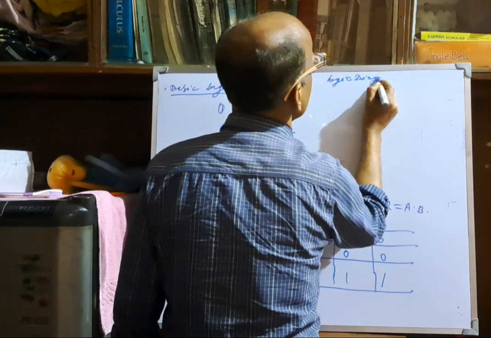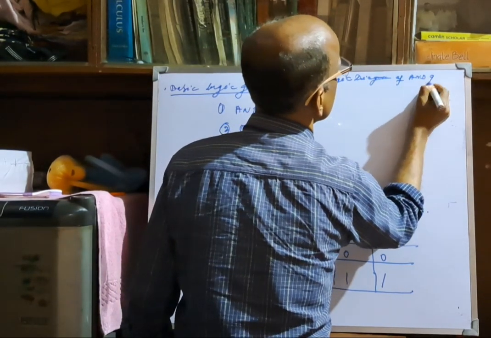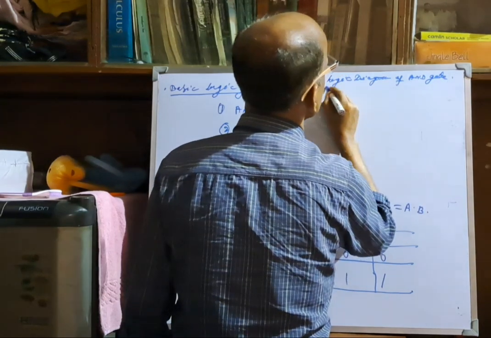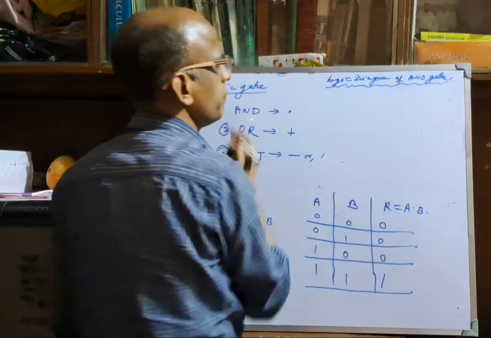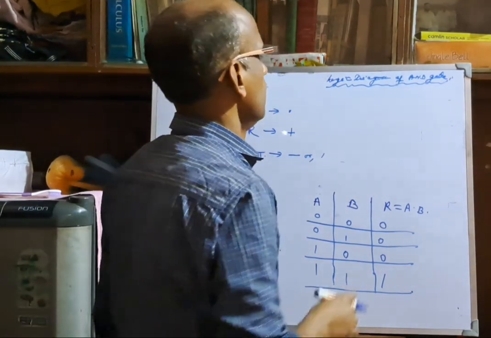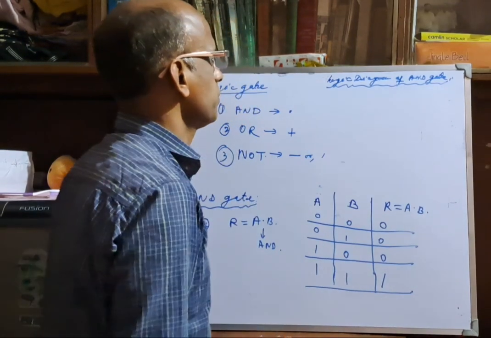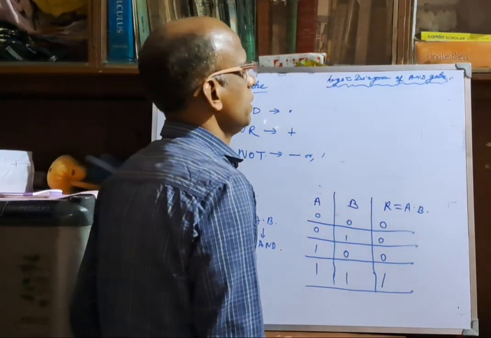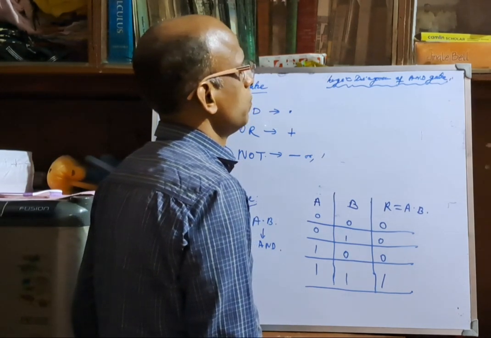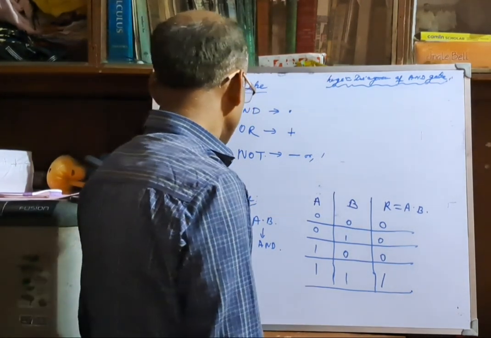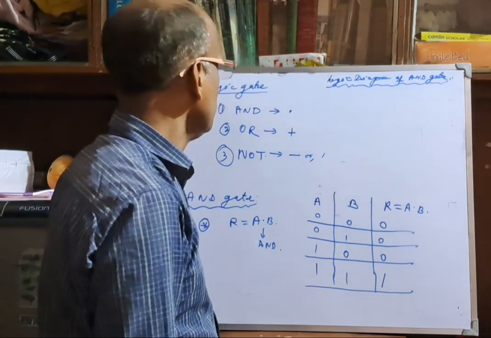This should be known to you, otherwise it is very difficult to understand the concept of Boolean algebra, because at every step of calculating Boolean variables or Boolean values, it is required. That is why I am making you understand.